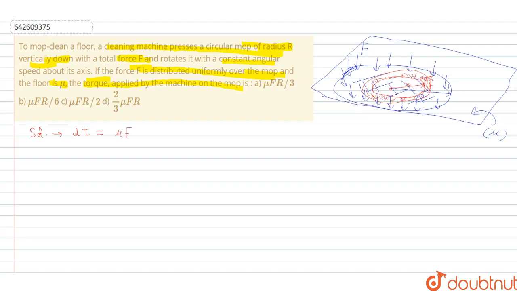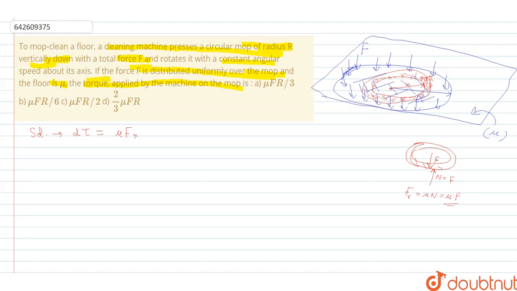mu F. This is the friction force. Why the friction force? Let us see that this is the strip, and this strip experiences a force F. Now the normal force upward is equal to F only, so the friction force is equal to mu N, which is equal to mu F. So this is the friction force we will use.